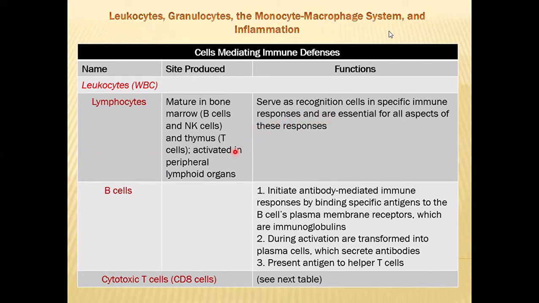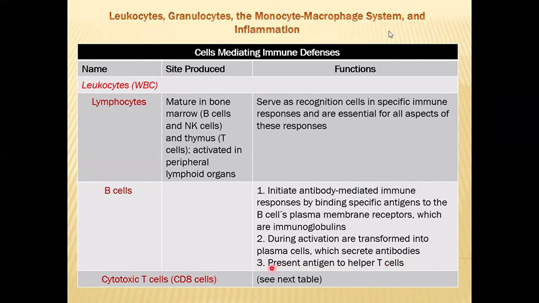The B cells initiate antibody-mediated immune responses by binding specific antigen to the B cell's plasma membrane receptors, which are immunoglobulins. Then during activation, they are transformed into plasma cells, which secrete antibodies.